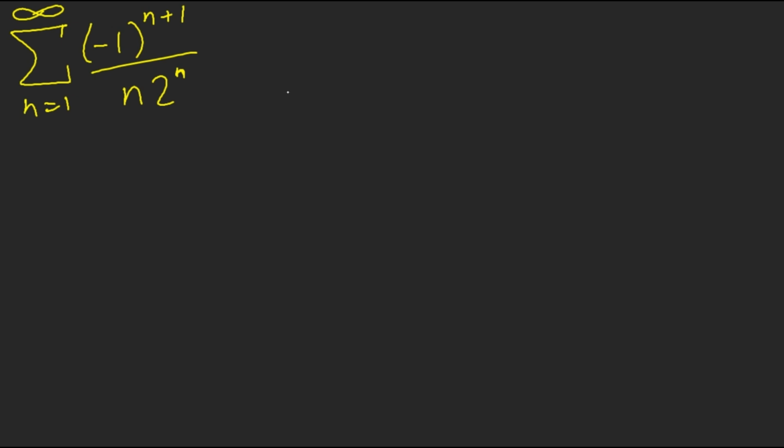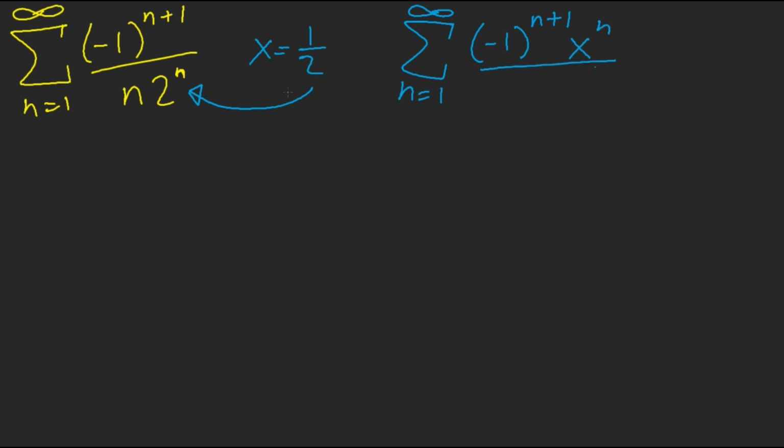Right, let x equal 1/2, because that's technically what we have. So what we have here is the sum of n plus 1 x to the power of n over n. This is ln of x plus 1.